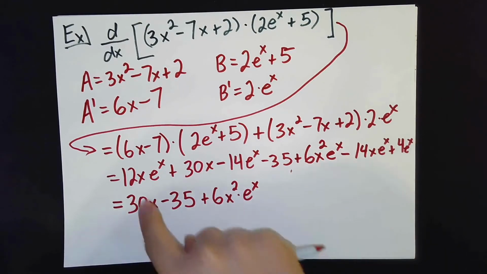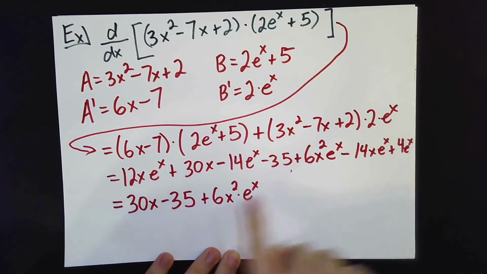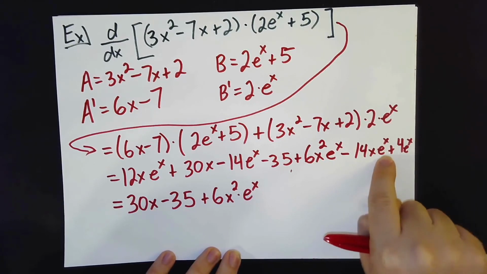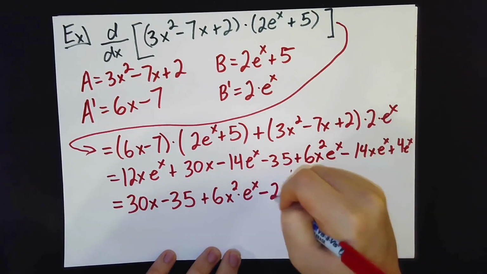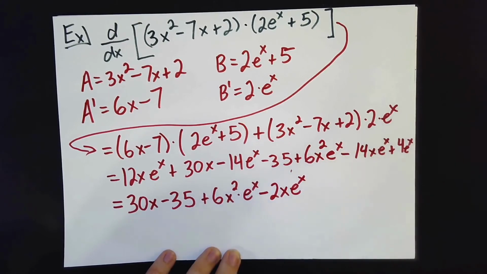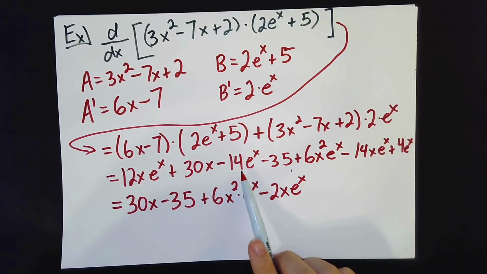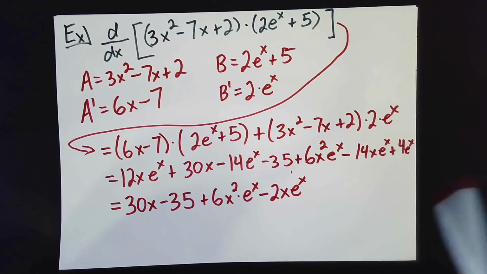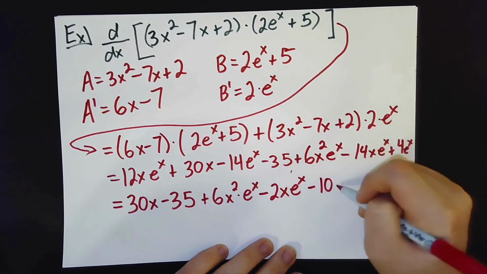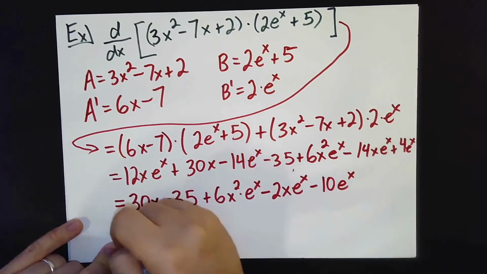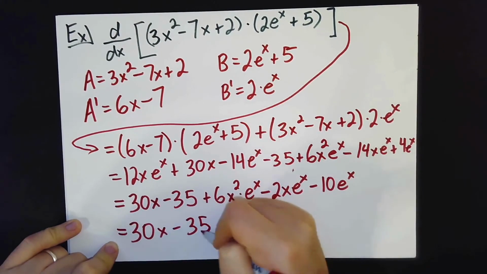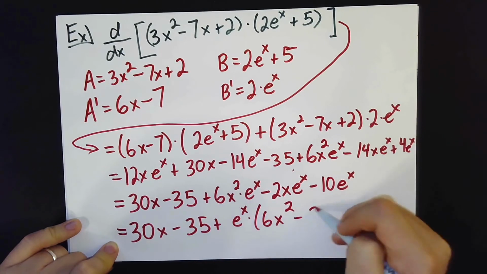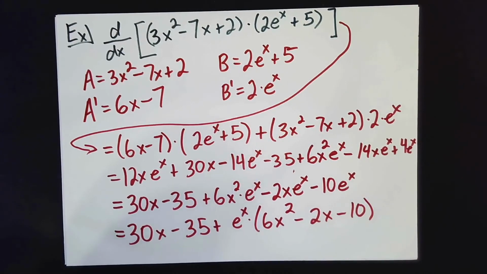Then we have a 12x e to the x and a minus 14x e to the x. That is going to leave us a minus 2x e to the x. And then we have a minus 14e to the x and a plus 4e to the x. That will leave us with a minus 10e to the x. And if I want to smooth that out just a little bit more, I can write this like this. And you could even factor out a 2 if you want, but this is good enough.